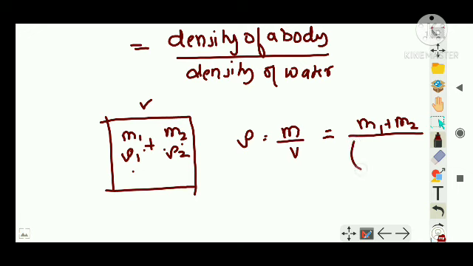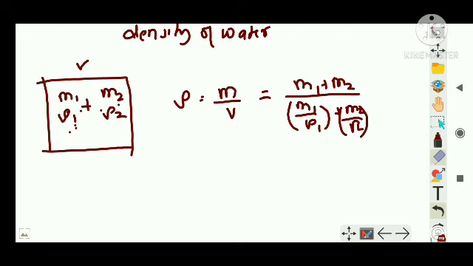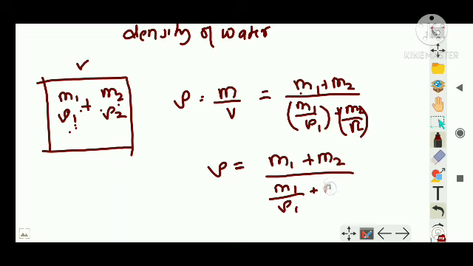And the volume will be what? It will be m1 by rho 1, that is the volume of the first fluid, plus m2 by rho 2. That's how you write it. So the density of a binary mixture is equal to m1 plus m2 divided by m1 by rho 1 plus m2 by rho 2.